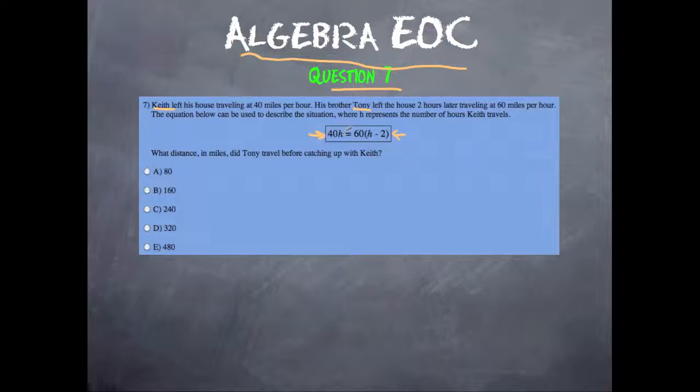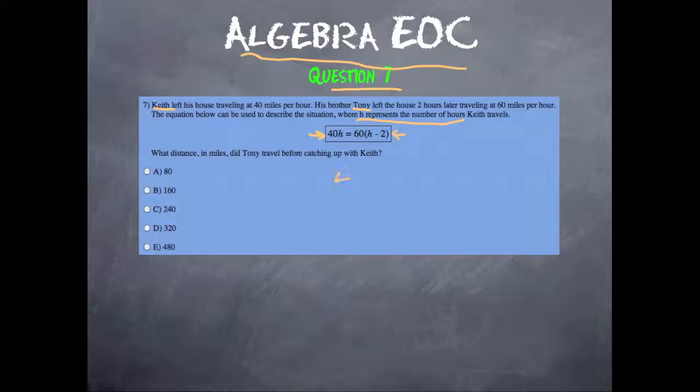So what we need to do is solve for h, and h is the number of hours traveled. Once we find h, we will find out what distance Tony had to travel to catch up with Keith, because this equation shows when they've traveled the same distance.